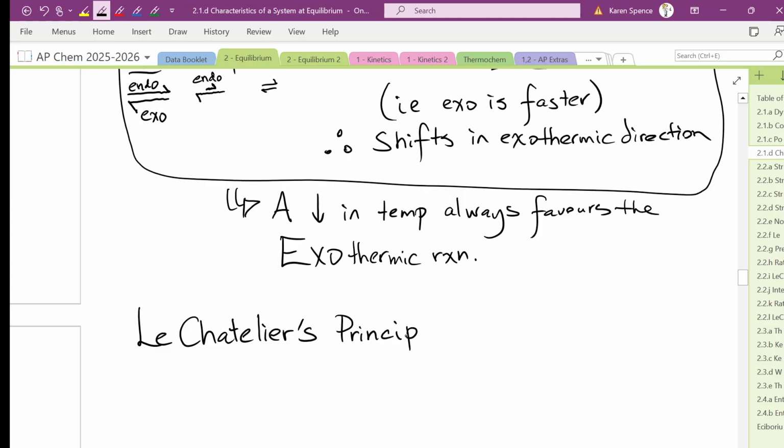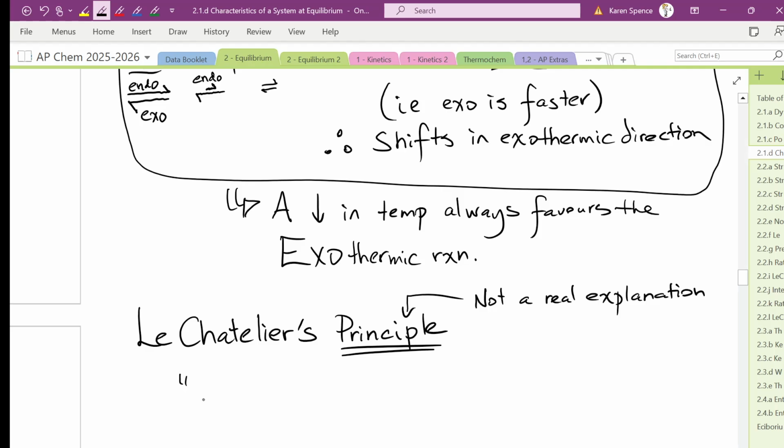Yeah. And like I said, this is a principle, not a real explanation. Okay, there's a whole section on LeChatelier's principle, but we're here anyway, so we might as well do this.